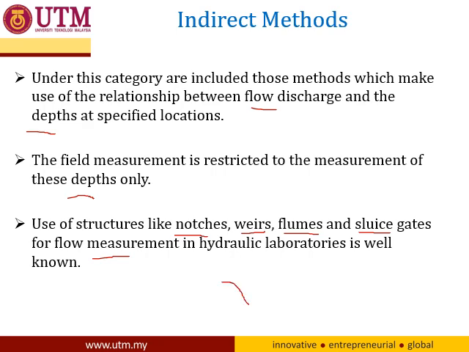For example, there is a river or open channel, and then we put some gate or a weir. Let's say it's more simple, this is like a V notch. From the V notch, we know the depth of the water level as it flows through the V notch.